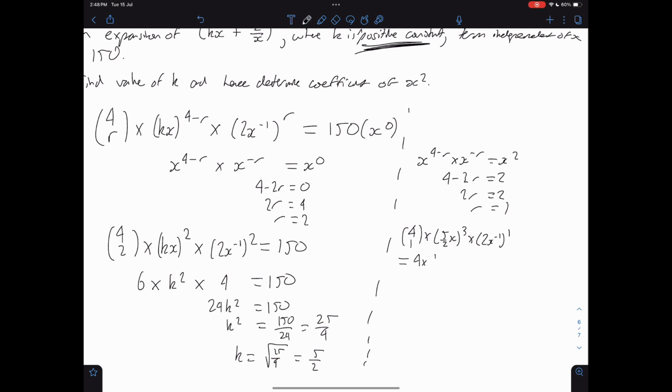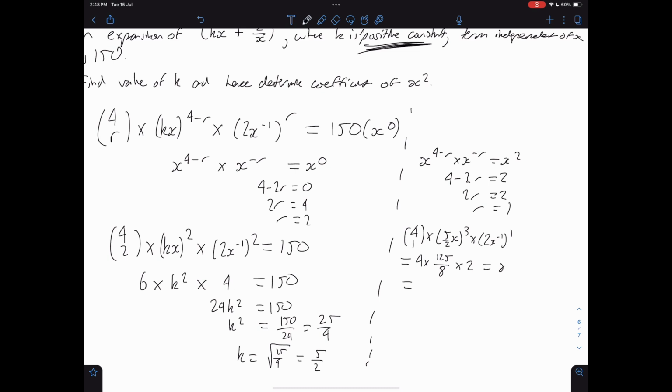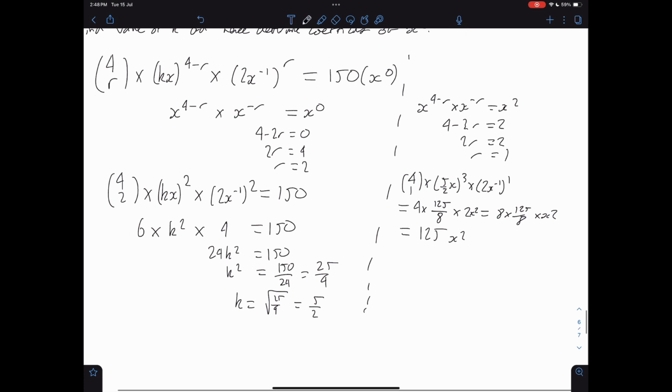So 4 choose 1 is 4, multiplied by 125 over 8 times 2. And this is in fact 8 times 125 over 8. Technically, as we did include x's in that, we do need to add in our x squared. But it just wants a coefficient, so we just leave our answer as 125.